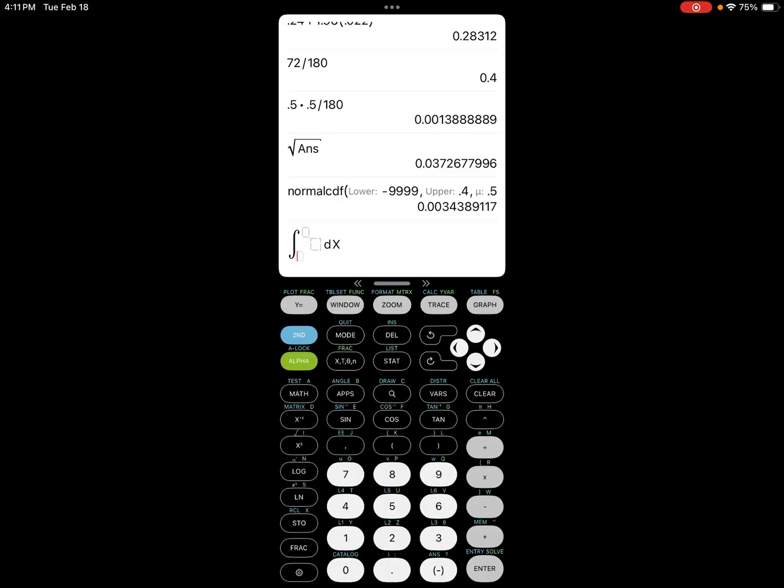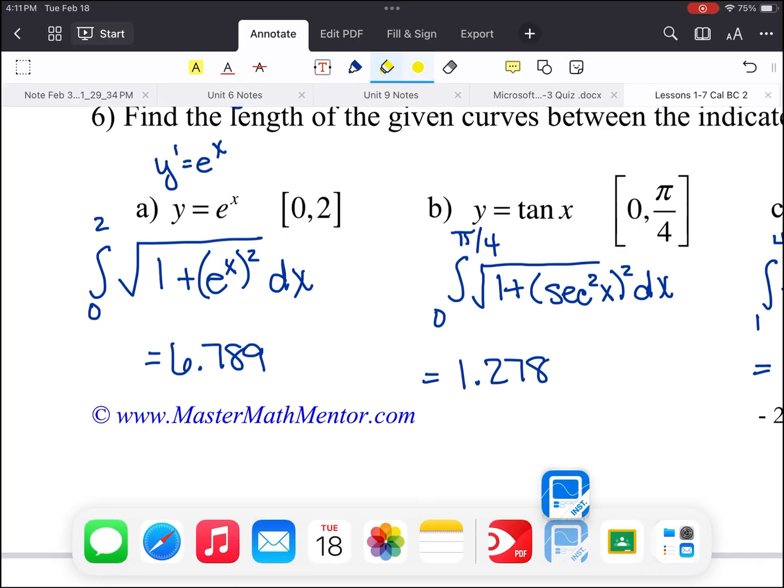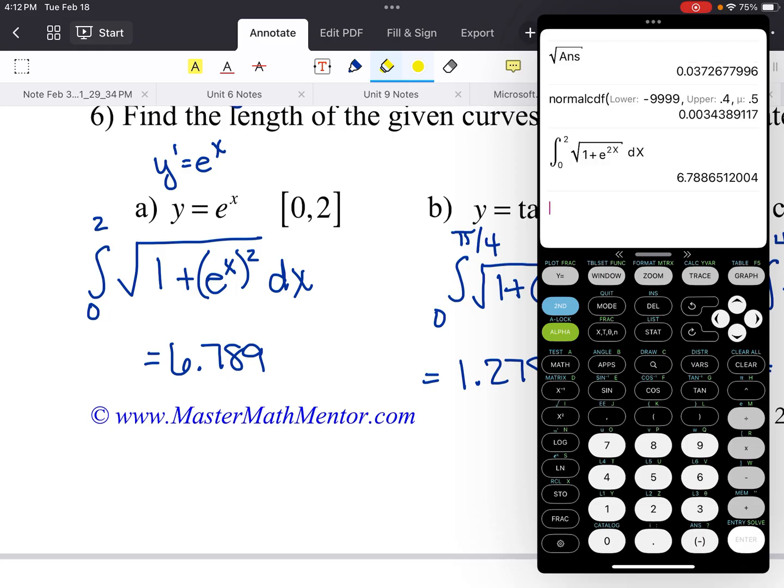And I need the integral from, sorry, let me get my split screen. The integral from 0 to 2 of square root 1 plus e to the 2x. You could write that as e to the x and then a squared outside, but that's the same thing. And then when you hit enter, that's it.